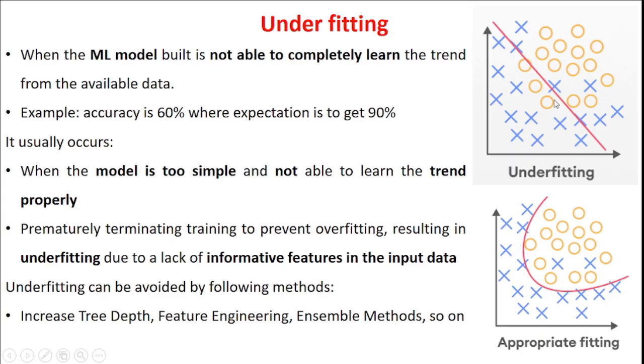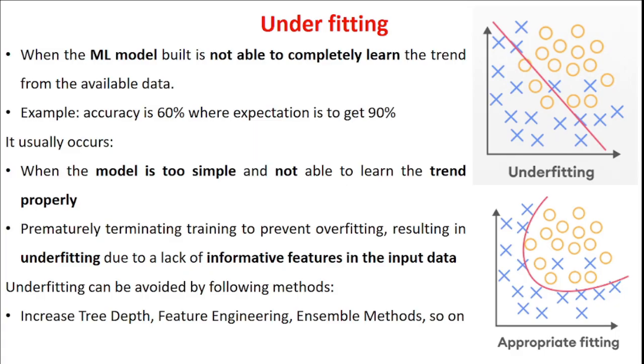For this data, the model is too simple, that's why it gives a straight line. Actually, your model should give a curved structure, but it gives a straight line. When the ML model is not able to completely learn the trend from the available data, it is called underfitting.